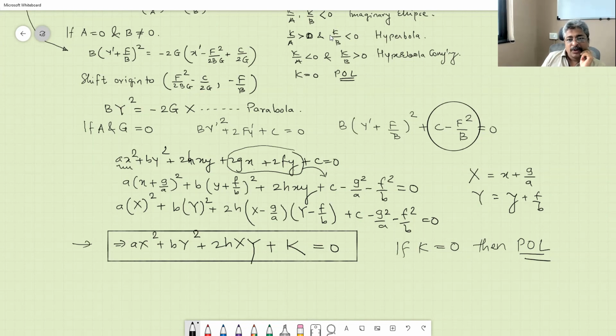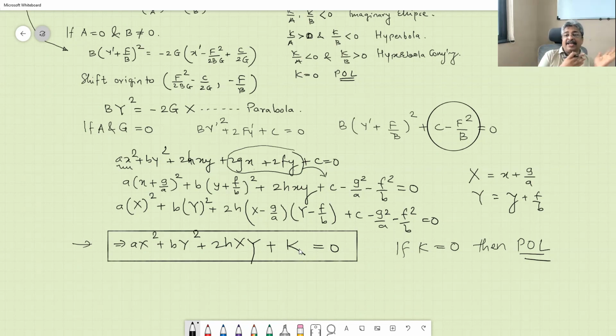So it is not fixed that you should always shift the origin first or rotate. You can do it either way. If we would have shifted the origin, we would have got an almost homogeneous equation with constant. If constant exists, then it is ellipse or hyperbola. If constant does not exist, then it is POL.